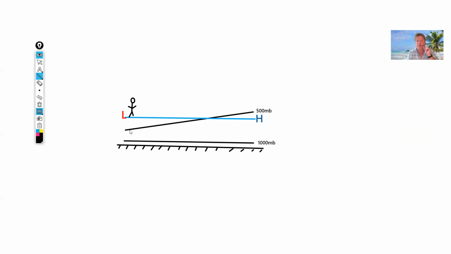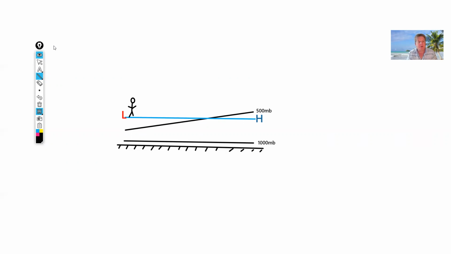And air pressure is the weight of the air above me. So higher up, I've got less air above me, so the pressure is less than 500, and I put L, low. And the reason I put the L is because it is lower here than if I were to walk horizontally to this side of the plane, and the pressure would be more than 500 millibars.